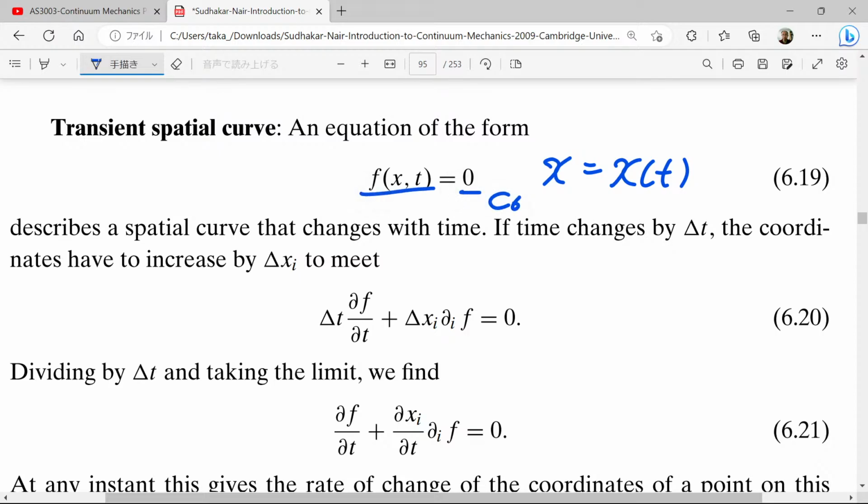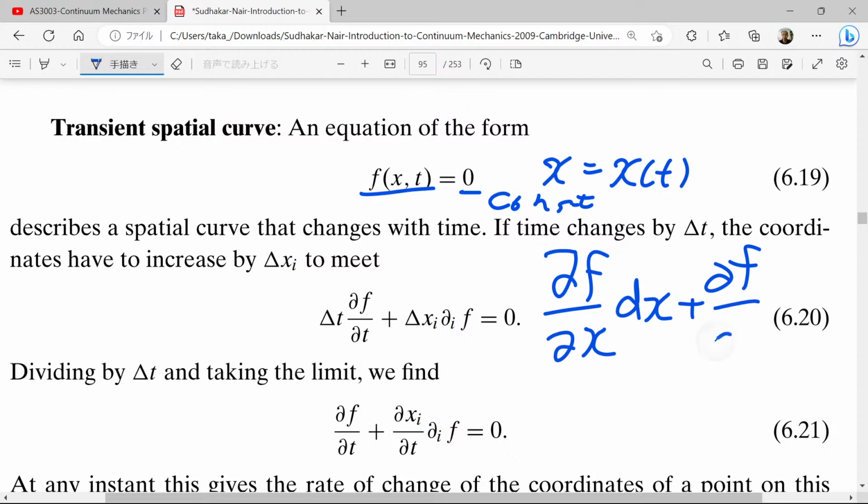So the total derivative is something like this: partial f partial x dx plus partial f partial t dt, and this is 0.